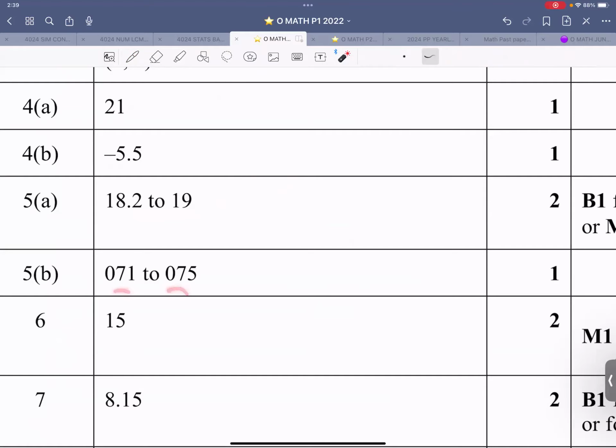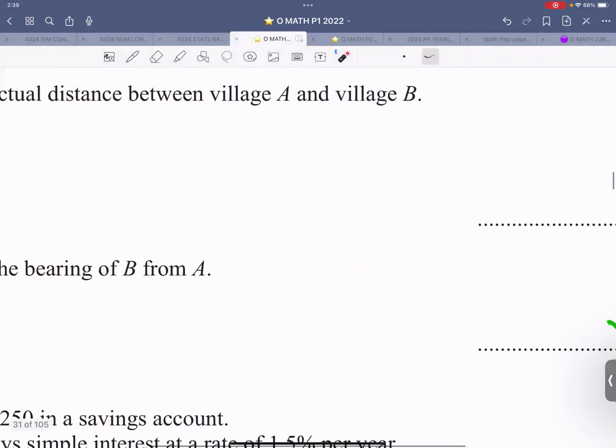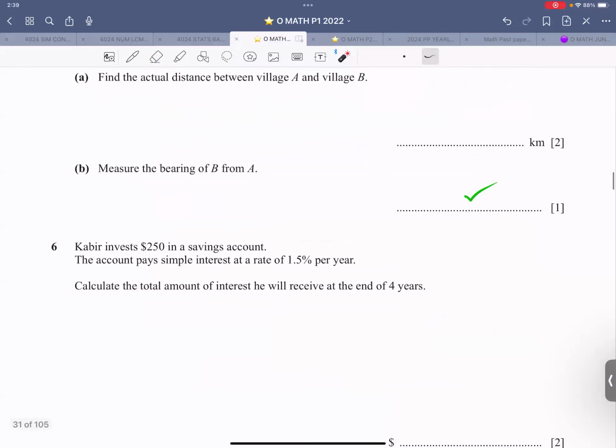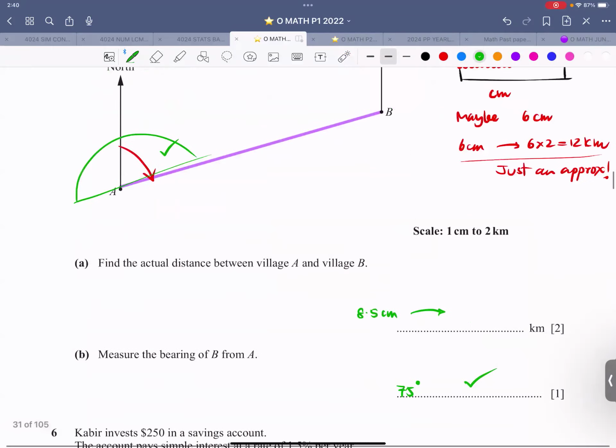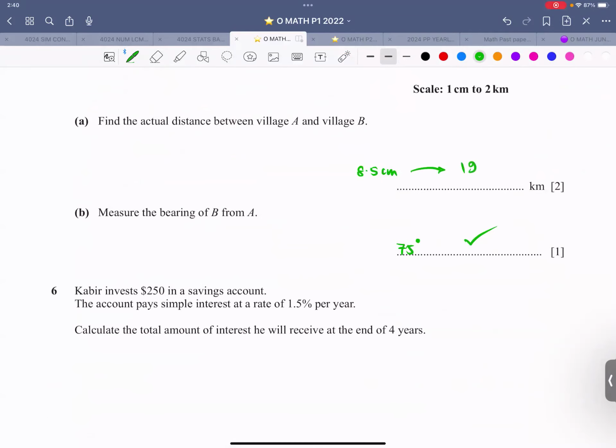And 071 to 075 degrees makes perfect sense, because this angle is acute over here. So this is more than 45, less than 90, like 75 degrees or something like that. So this is approximately 75 degrees, and in reality the distance was 8.5 centimeters. Then we do not round it off, we convert it by multiplying by 2. So that comes out to be 19 kilometers.